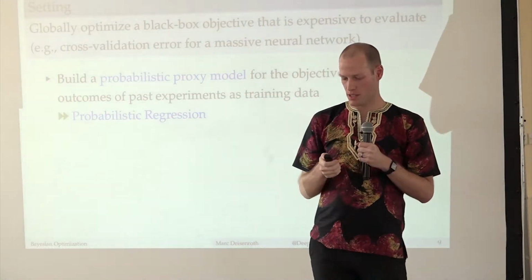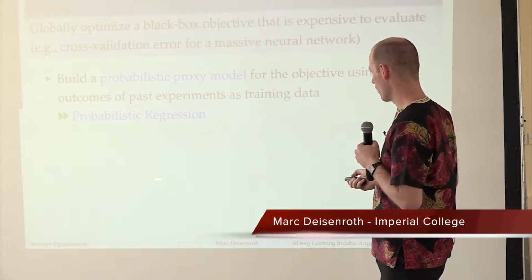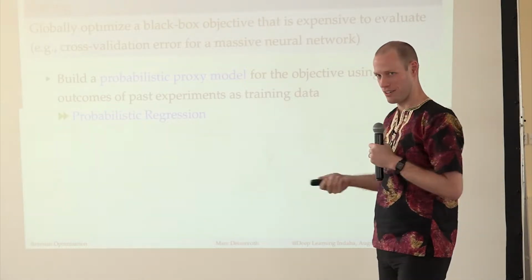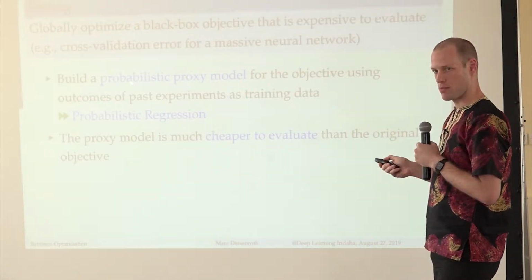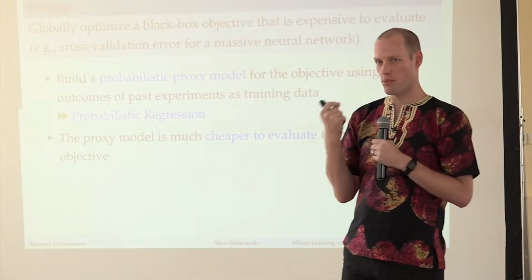Now the problem is, in order to talk a bit more about Bayesian optimization, we first have to talk about probabilistic regression. And that's where the background comes in. But the good thing is, if we build a proxy model, let's think about linear regression, this proxy model is very cheap to evaluate, right?